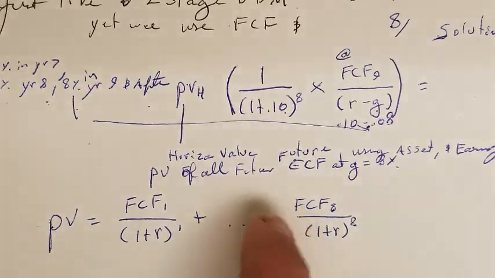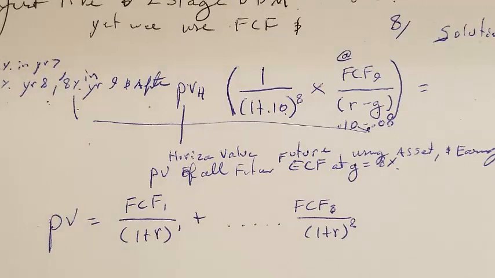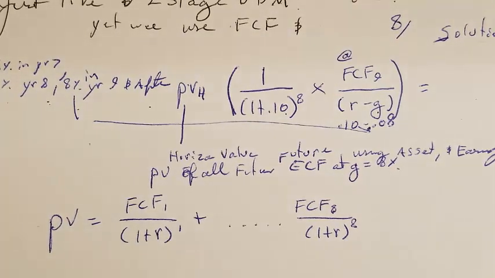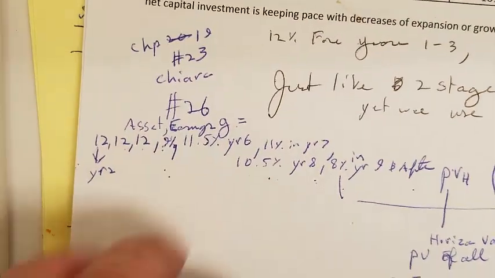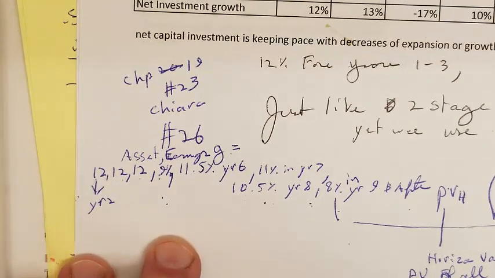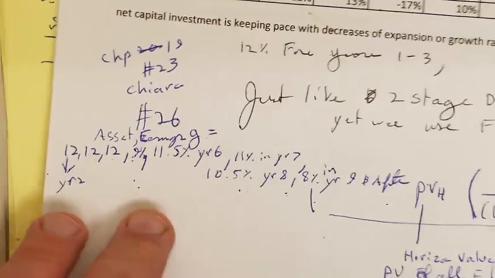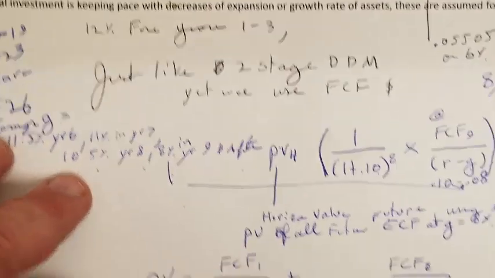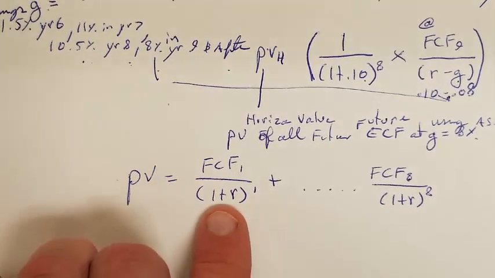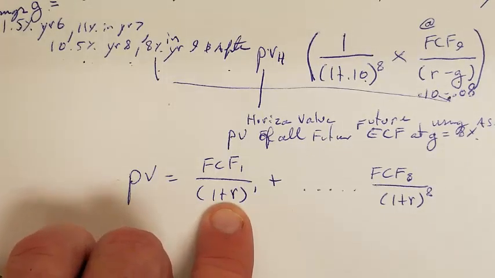So I should really be using a timeline on this one. But just a heads up, I want you guys to start to look at, and I will send this out, chapter 19, number 23, where instead of using 1 plus R, we use 1 plus the weighted average cost of capital. That's the only difference.